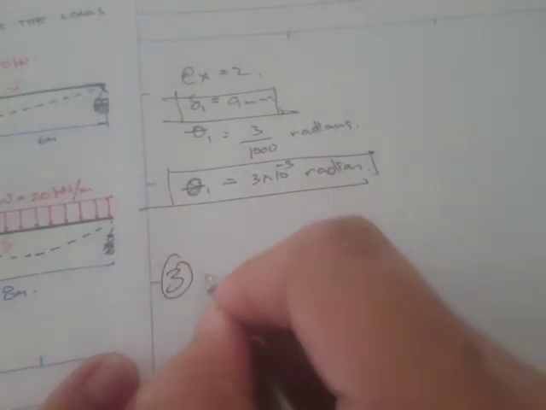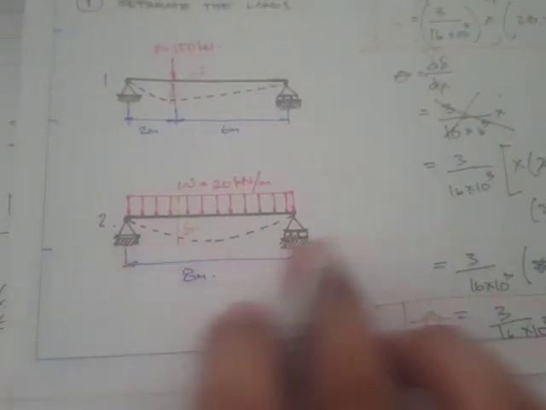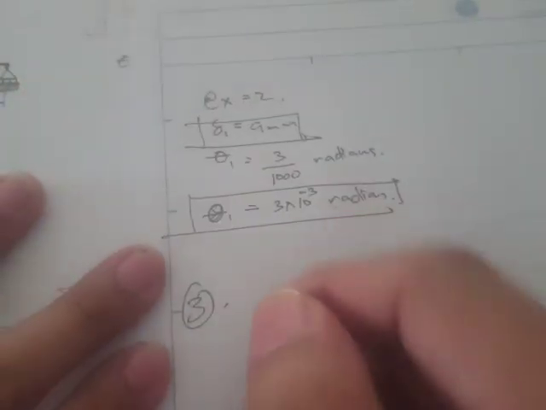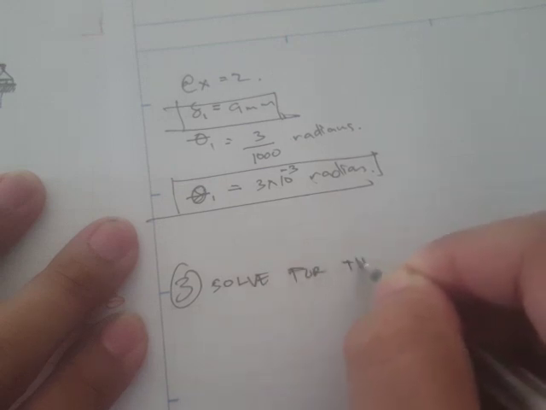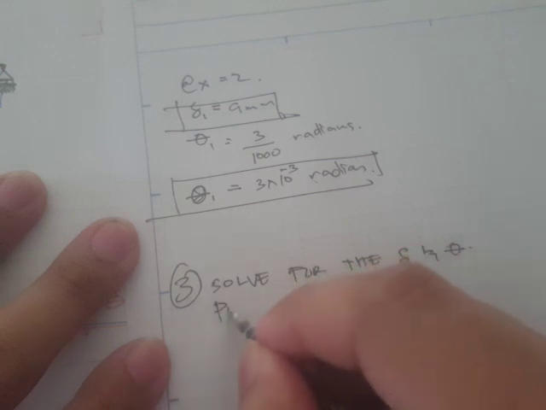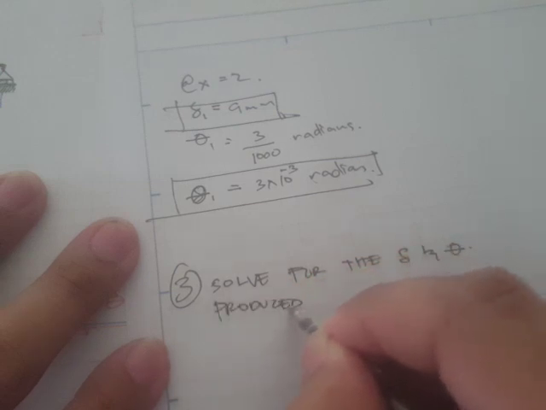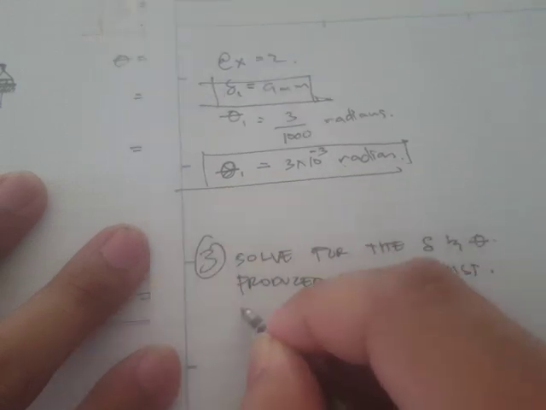Okay, so the next step is we just have to do it the same way for this beam loading condition. So the next step is to solve for the deflection and rotation produced by the distributed loadings.